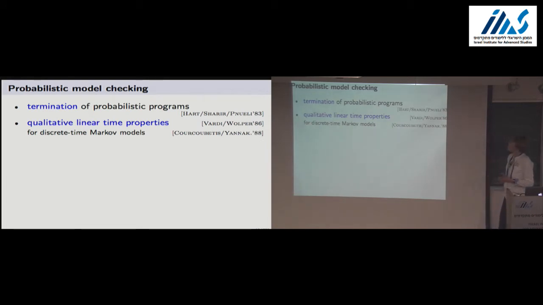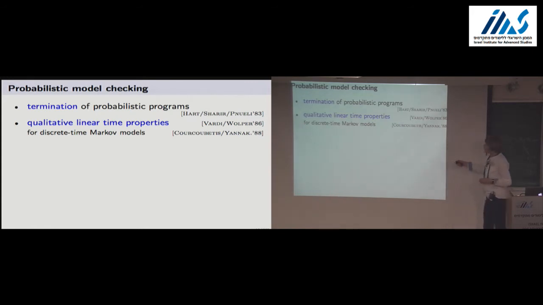Well, here are some historical remarks. At least as far as I know, the very first work on verification of probabilistic programs goes back to Hart and Sharir and Pnueli in 1983, and they investigated the termination problem for probabilistic programs, where termination is understood almost surely: with probability 1, does a concurrent program terminate.